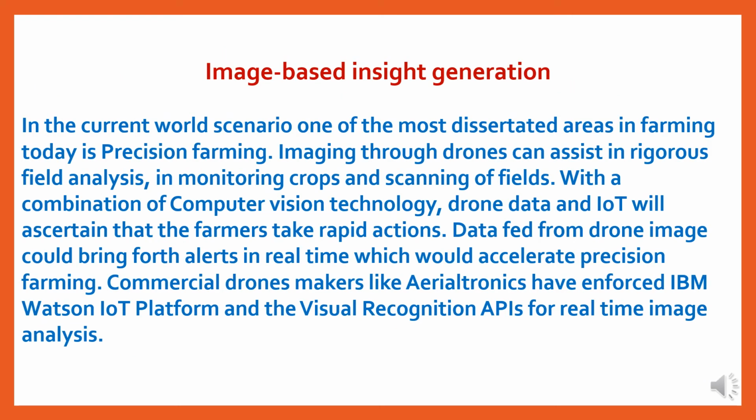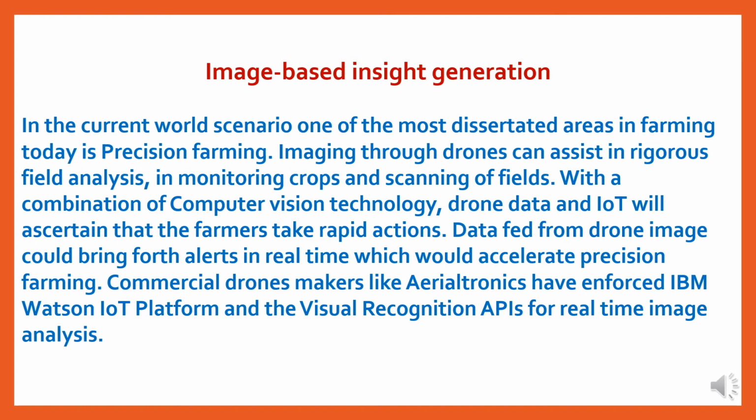Now, use of artificial intelligence in image-based insight generation. In the current world scenario, one of the most discussed areas in farming today is precision farming. Imaging through drones can assist in rigorous field analysis, in monitoring crops and scanning of fields. A combination of computer vision technology, drone data, and IoT will ensure that farmers take rapid actions.